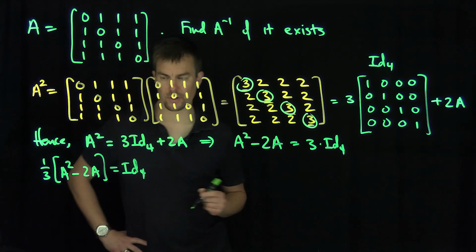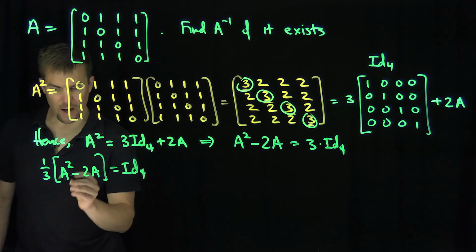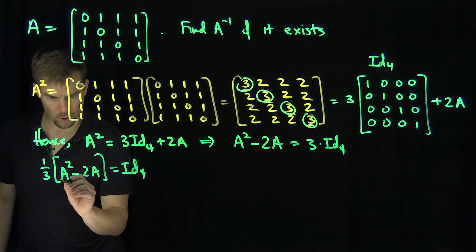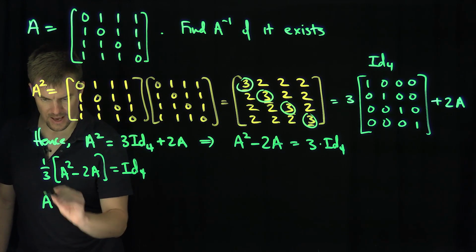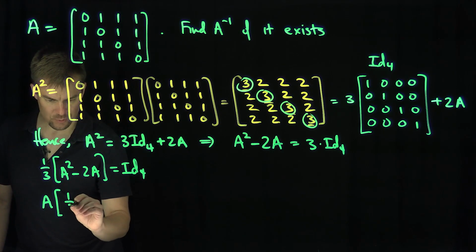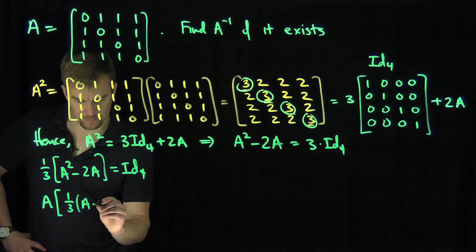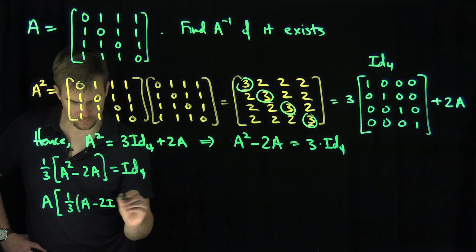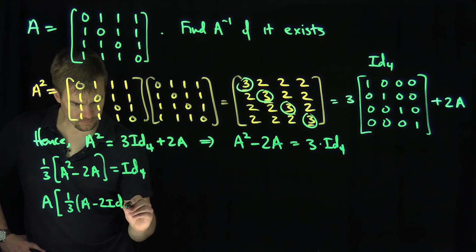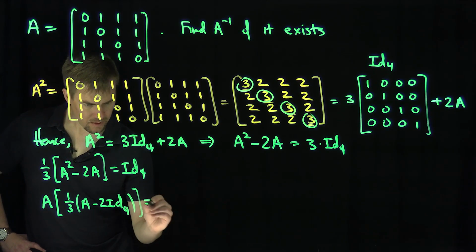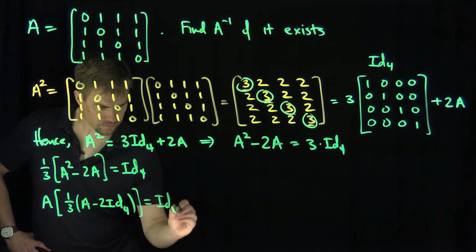And now we're in great shape, because we can pull an A out of this: A times the matrix 1/3 of A minus 2 times the identity is the identity matrix.